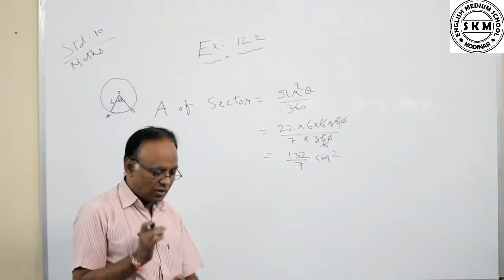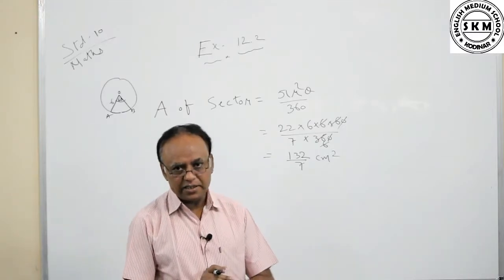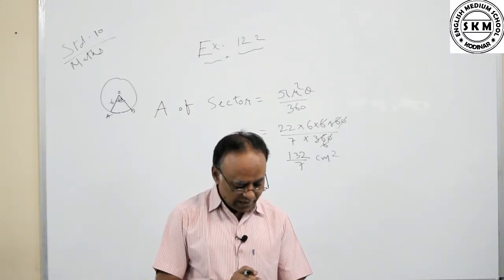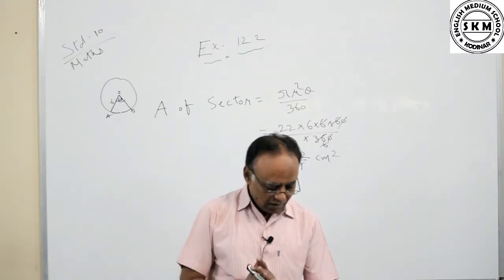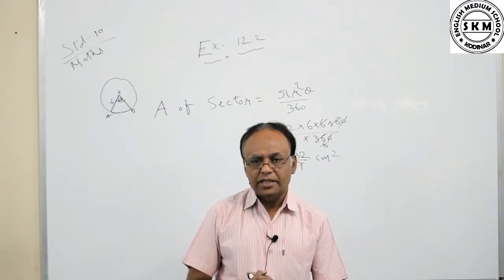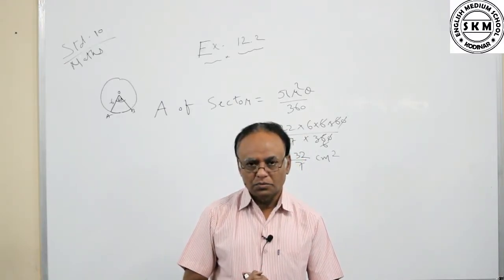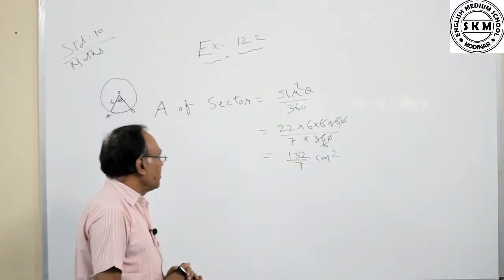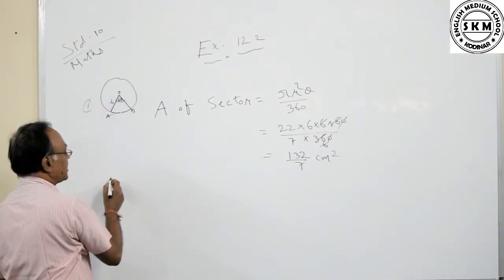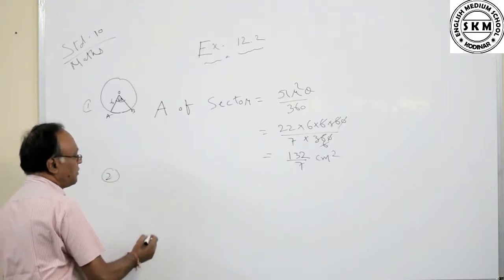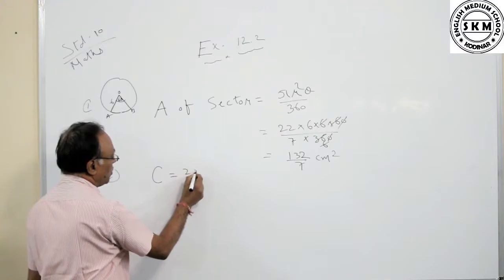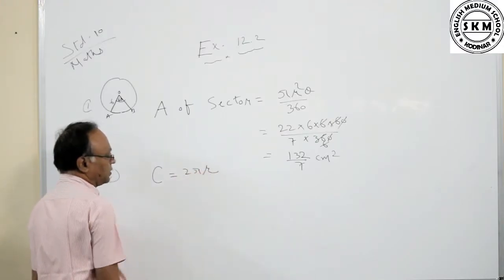There is a horizontal and a vertical line, the x axis and y axis, which intersect each other at a right angle. So theta here is 90 degrees and the circumference is given as 22. Now apply the formulas.